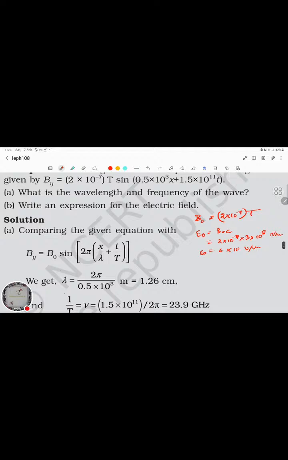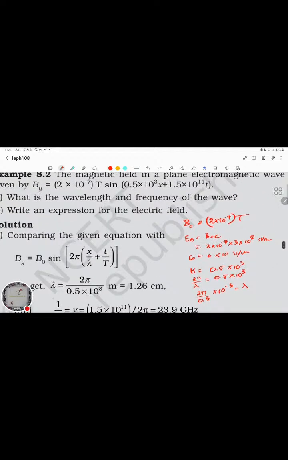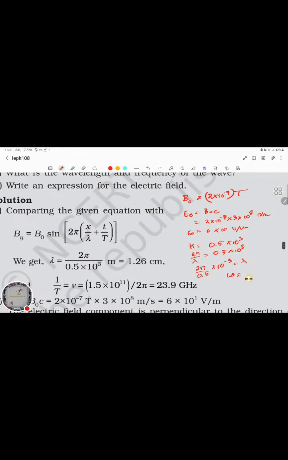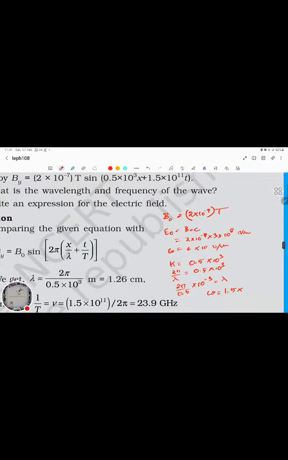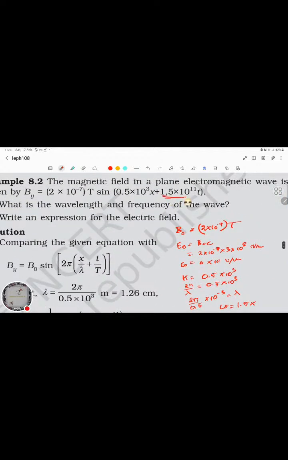Now we have the value of k as 0.5 into 10 power 3. k is basically 2 pi by lambda, that's 0.5 into 10 power 3. So 2 pi by 0.5 into 10 power 3 will be the value of the wavelength. And also we have been given the value of omega. Omega is 1.5 into 10 power 11.